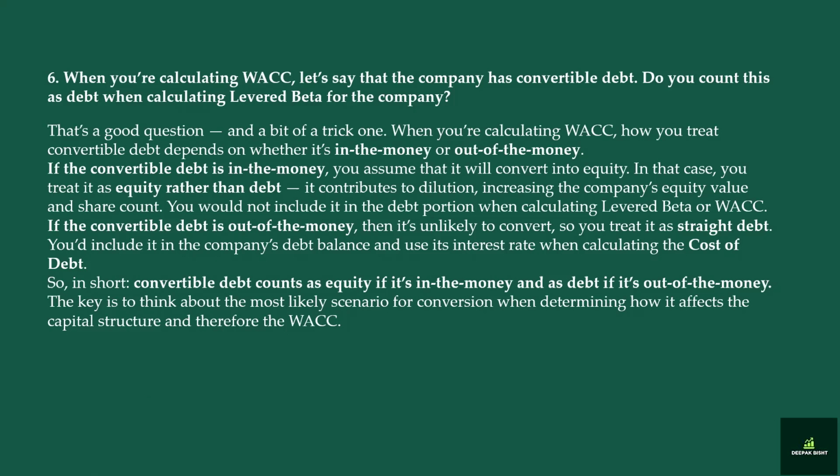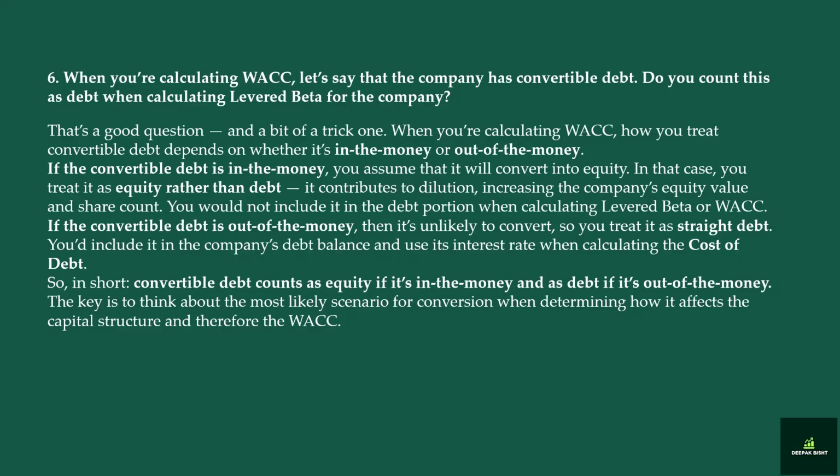If the convertible debt is in the money, the market expects conversion into equity because the conversion price is below the current share price. Economically, this means investors view the instrument as equity rather than debt. In this case, you exclude it from the company's debt balance when calculating leveraged beta or weighted average cost of capital.